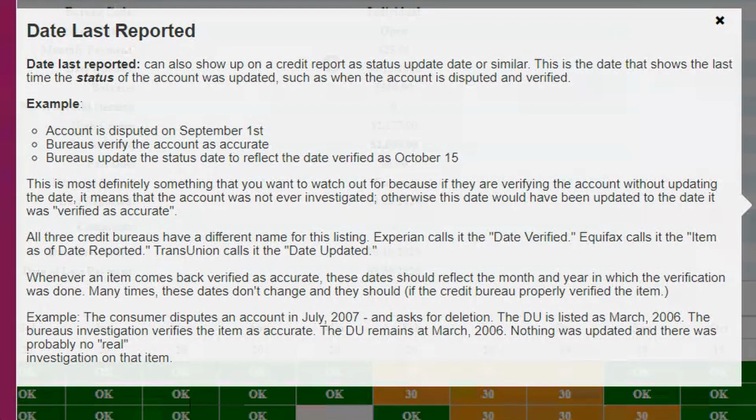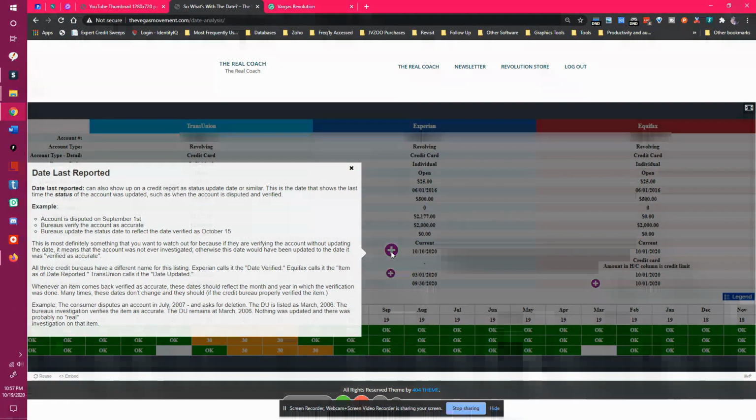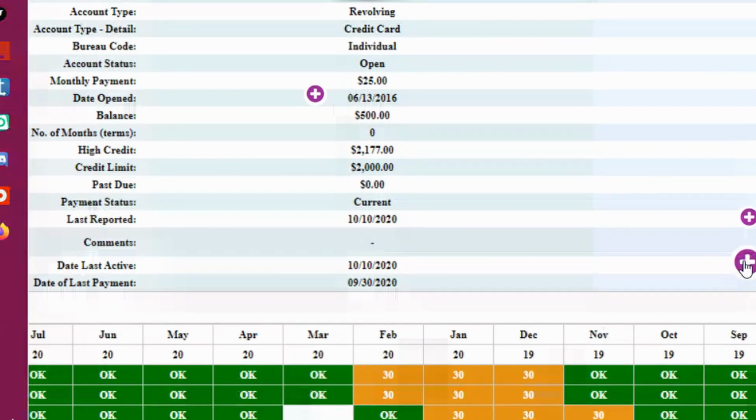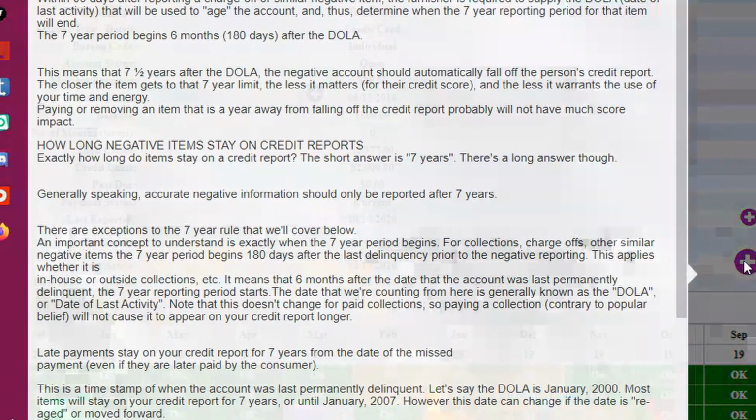The bureaus verify the account is accurate, and there's a quote unquote there. Bureaus update the status date to reflect the date verified as October 15th. So this is most definitely something that you want to watch out for. Why? Well, very simple. Because if they're verifying the account without updating the date, it means that the account was not ever investigated, right? And you can actually click on this and go check this out yourself.